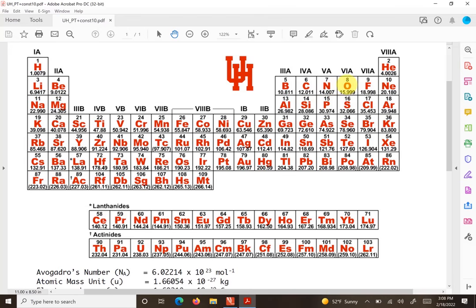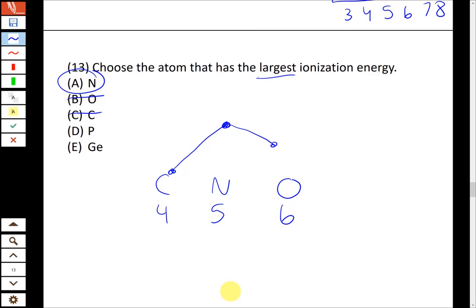Oxygen is above it, but then because phosphorus is group 5, it's abnormally high. I believe oxygen is higher than phosphorus, but it's not the one that's easiest to predict, so we wouldn't have you do that. So we typically avoid comparisons that are ambiguous like that. So don't worry about us trying to trick you. We're not that mean. I wouldn't say we're nice either, but we're not that mean. All right. Any other questions?